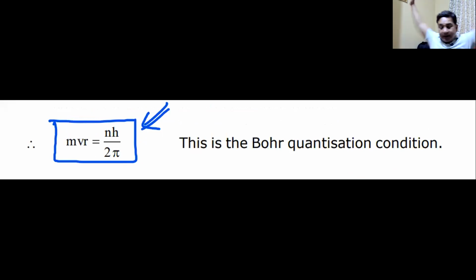And I've made it big so that you can see it. mvr is equal to nh by 2 pi. That's it. You need to remember this. Please note it down, bacha. Have you noted it down, beta?